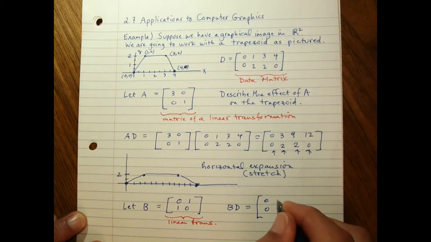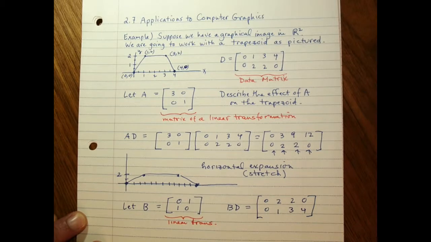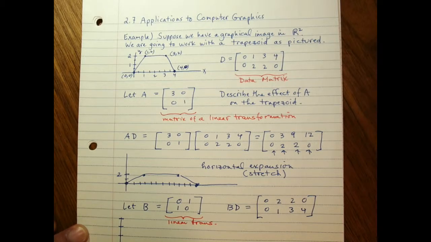I got 0, 0, 2, 1, 2, 3, 0, 4. And so what does my graph look like in this case? Still have 0, 0. In fact, notice how a linear transformation always leaves the origin alone. I have 2, 1, 2, 3, and 0, 4.